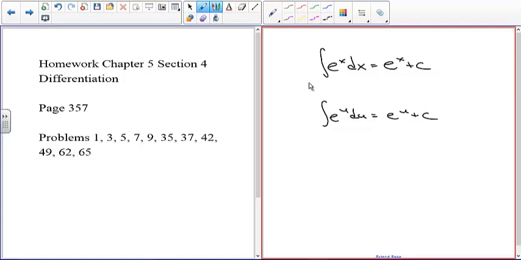Same with integration. If it's not just e to the x, if it's e to some power other than x, we have to have the appropriate du, multiplied by e to the u to be able to integrate. So that's what we'll see here.